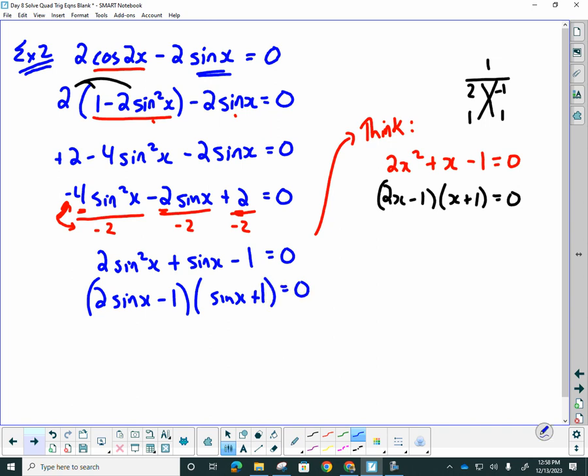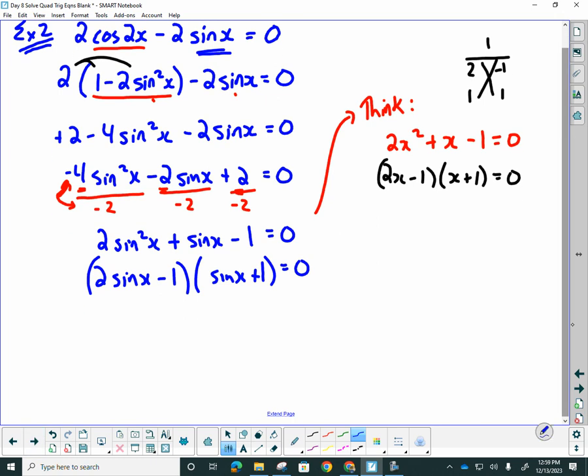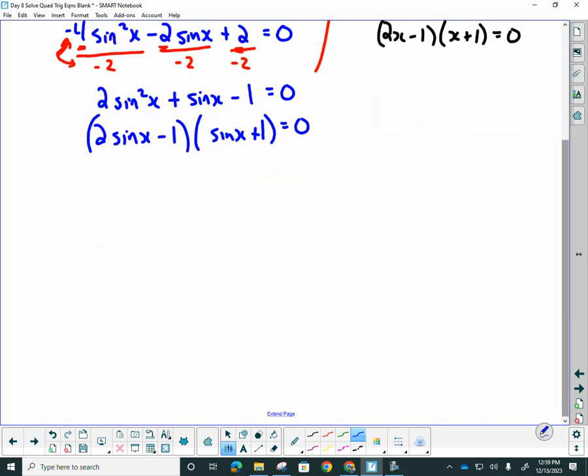Each of those then can go to 0. So this one would be 2 sin x minus 1 equals 0. Hopefully you don't mind if I add 1 to both sides and divide by 2 all in one step. It'd be a positive, and then divide by 2 is sin x equals 1/2. And then this one is sin x plus 1 equals 0.